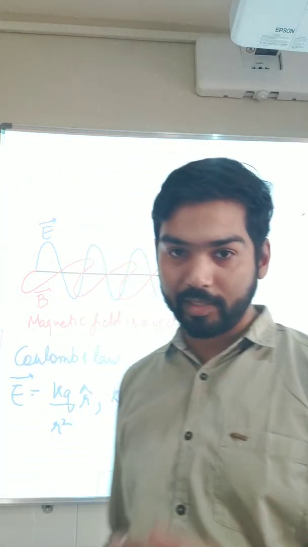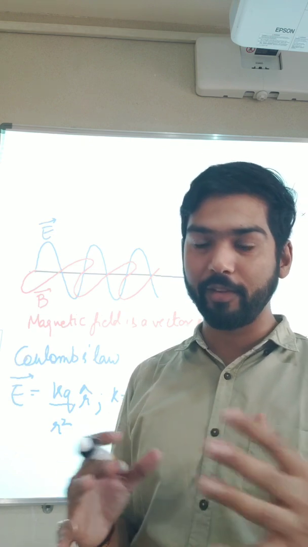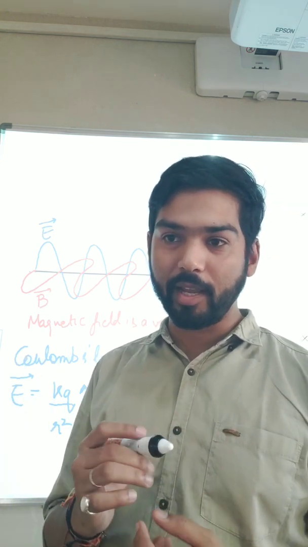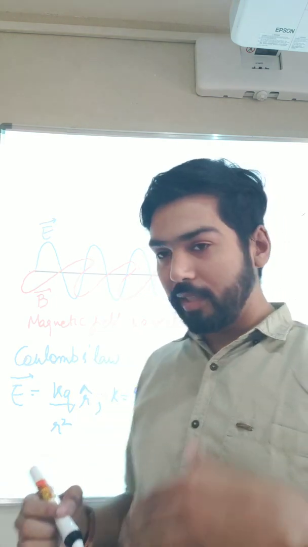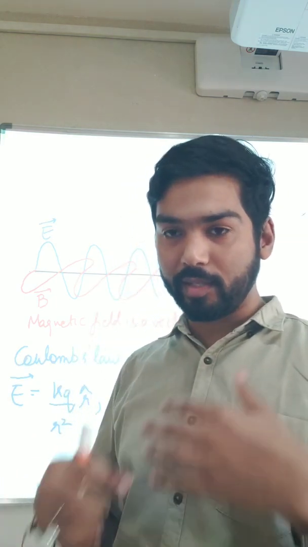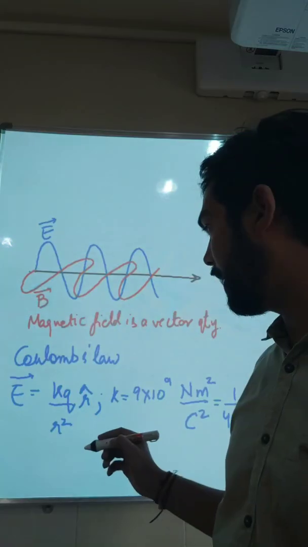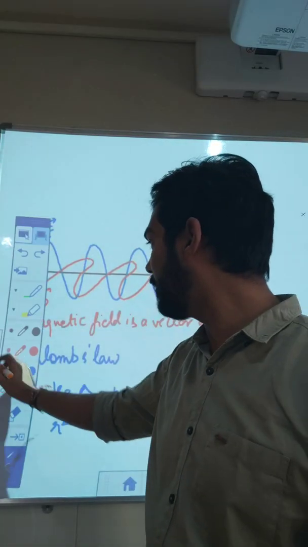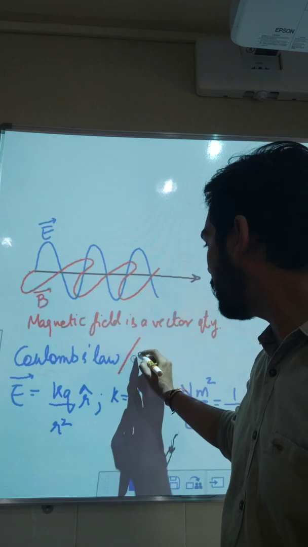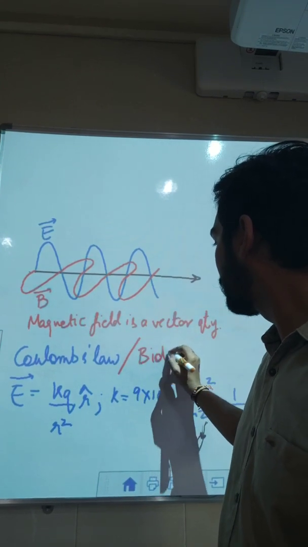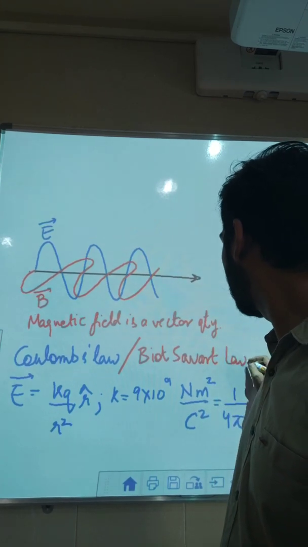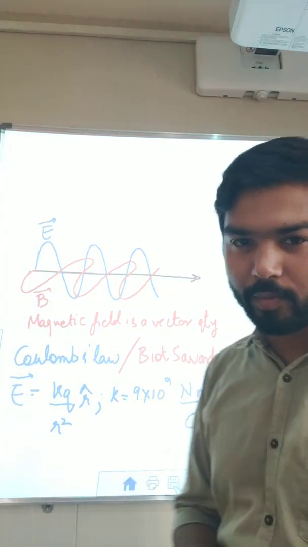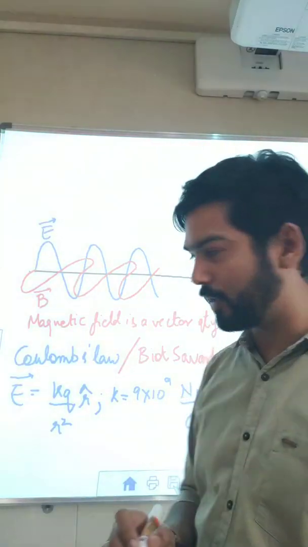And I told you that electric and magnetic field are very similar to each other, and yet very different from each other. The similarity you see in magnetic field is that there is a law called the Biot-Savart law. It looks very similar to Coulomb's law, and we will study how it works.